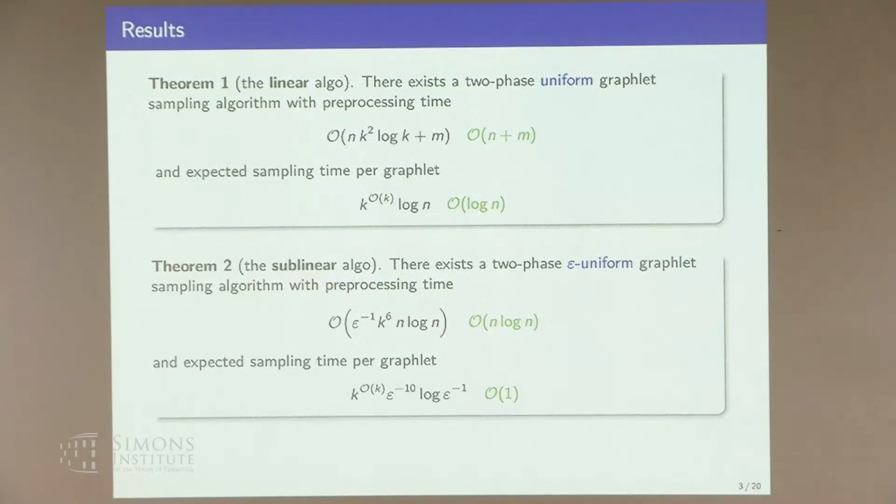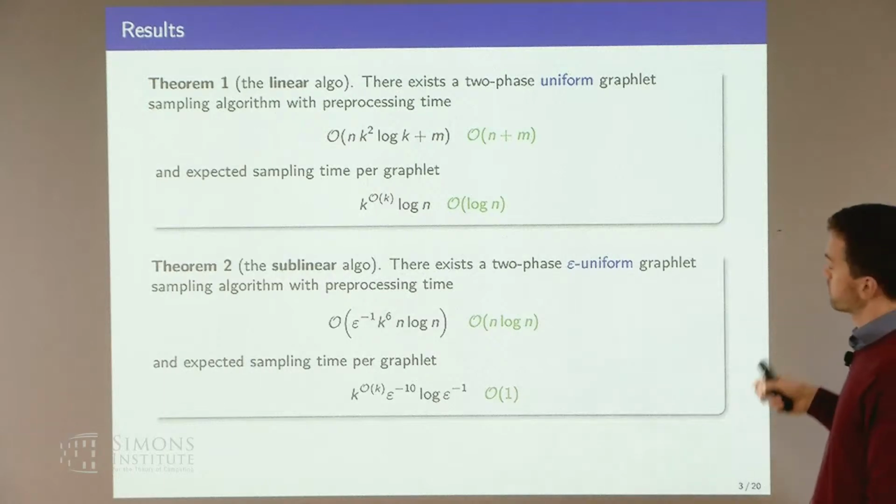It is a two-phase algorithm, with a preprocessing and a sampling phase. The preprocessing runs basically in linear time in the size of the graph. After the preprocessing, you are guaranteed that every sample you take will be uniform from all connected k-vertex subgraphs of G, and the expected time to get a sample is only logarithmic.